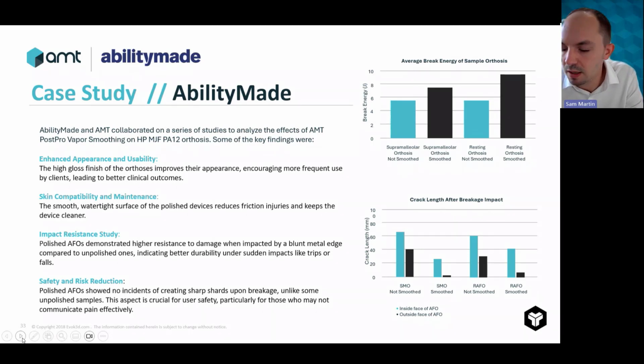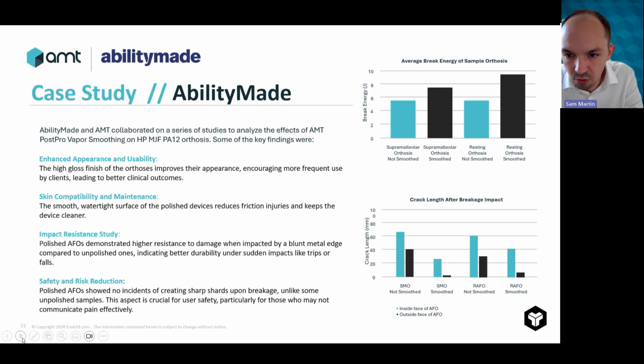And then they found it encouraged user use. So if it looks nice, they're more likely to use it, of course. With the reduced RA value, of course, the friction is a lot less, so you're seeing a lot less friction injuries. And of course, the cleanliness has also improved, being sterilizable.